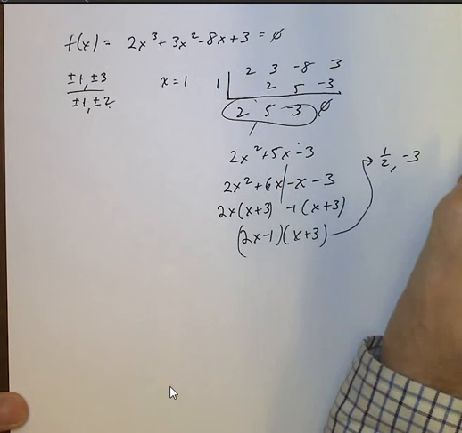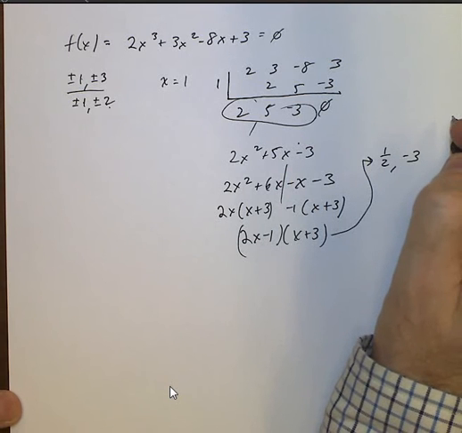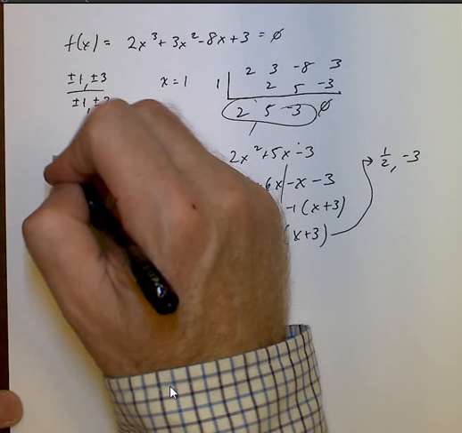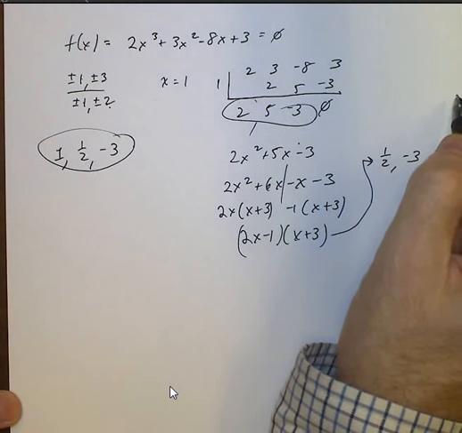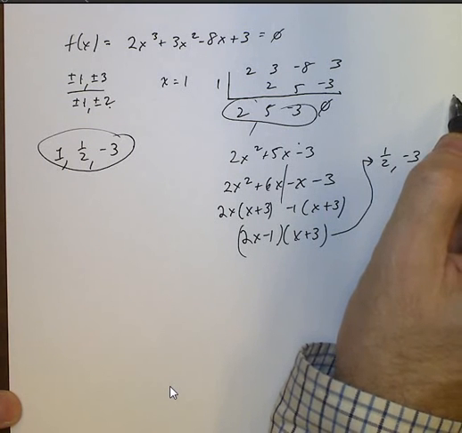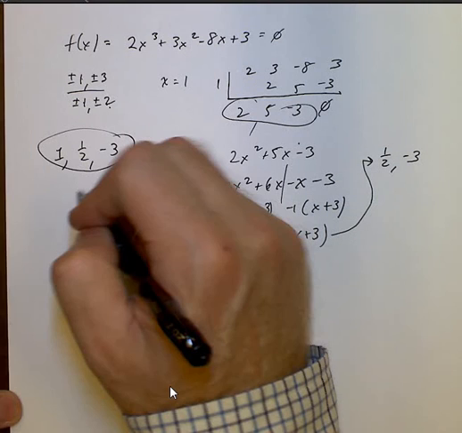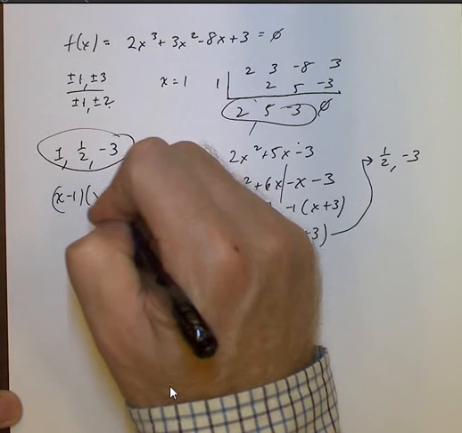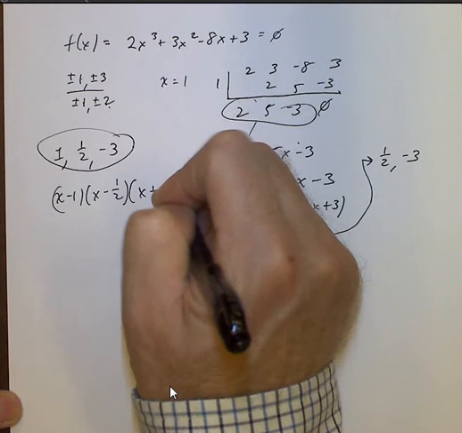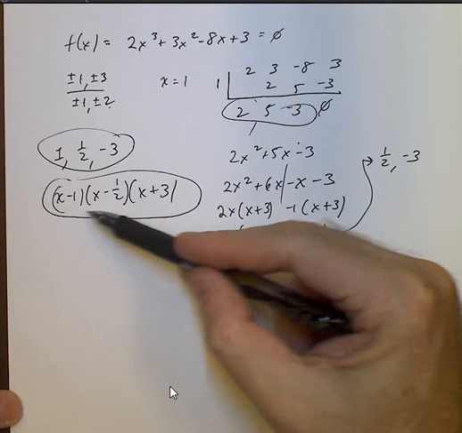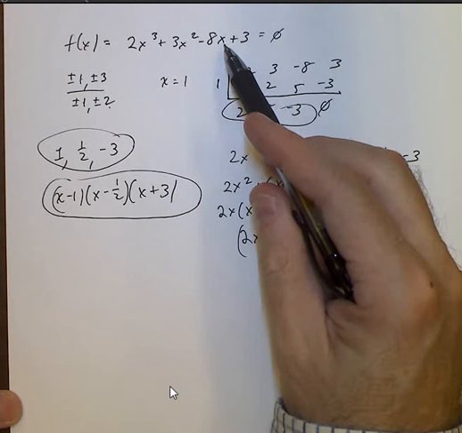So if the question is what are the zeros, you'll write 1, a half, and negative 3. If the question is what are the factors of this polynomial, or what the factorization looks like, you'll write this. Meaning that if you multiply these 3 together, you'll end up with this original.